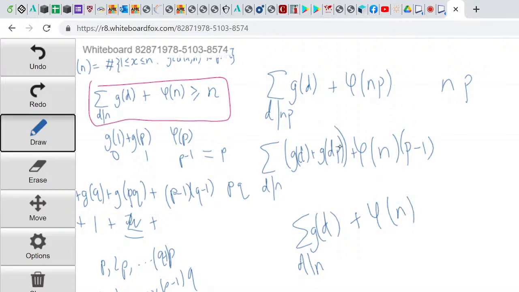Minus phi of n, then you get, so we're going to show this is bigger than p minus 1 times n.